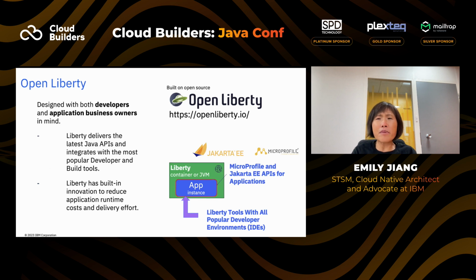Open Liberty is purely standard based. It also puts more innovation into the standard. Open Liberty does not try to promote its own API. It tries to put more innovation in the standard and then support this standard. Open Liberty focuses more on tools, on how you can improve your productivity, and on providing an easy journey to move your application to the cloud.